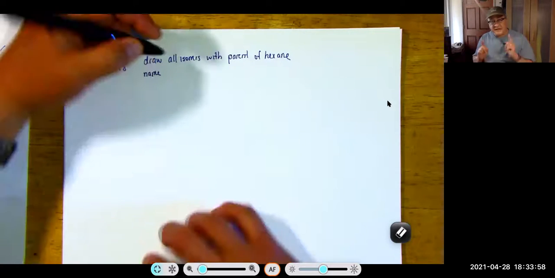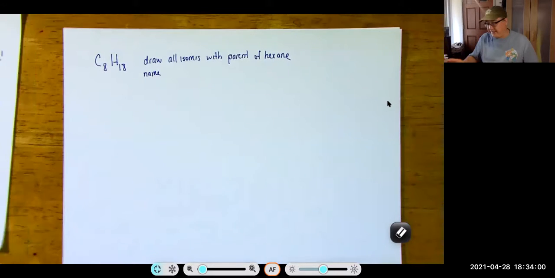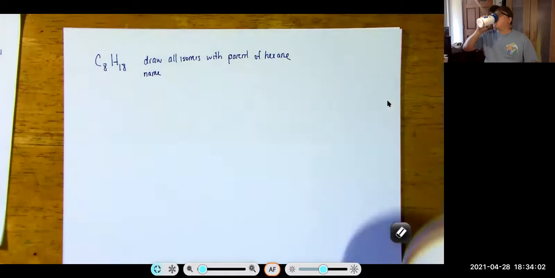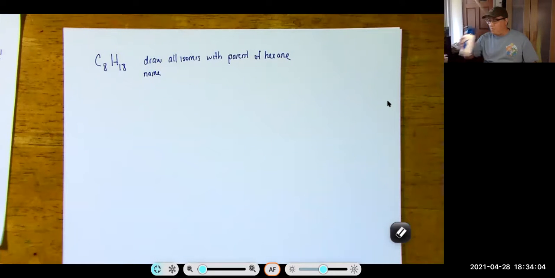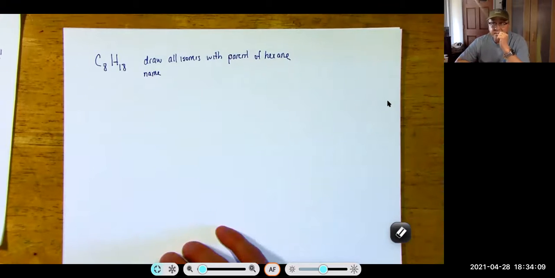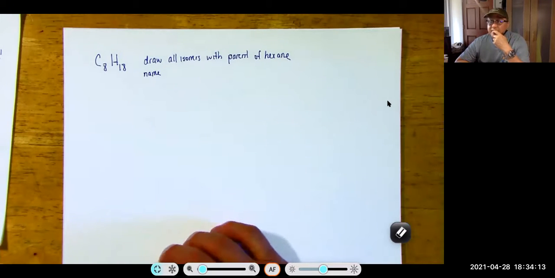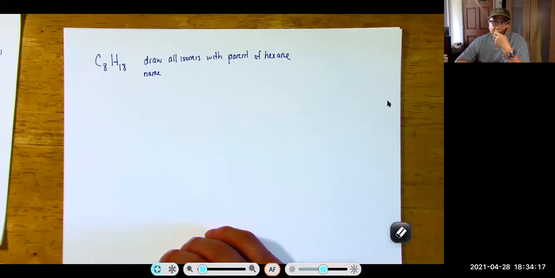So specifically, the parent of hexane. I can think of 3 right off the top of my head. 4, 5, 6, 7, 8. I can think of like 8 right now.